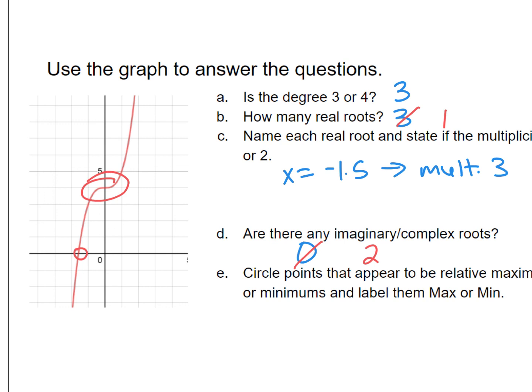I'd probably count either of those right on the test just because we are lacking information. So in this case, you would have had a multiplicity of 1 on x equals -1.5. Either answer you gave me, I don't care. But if you did not give me one of those 2, then you are wrong. Any questions there? Are we good? Okay, that's it.